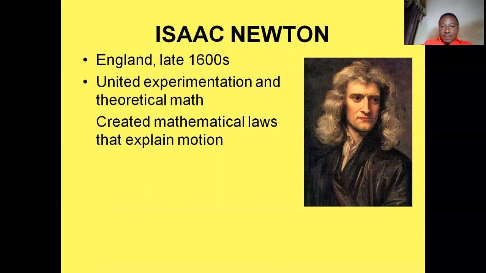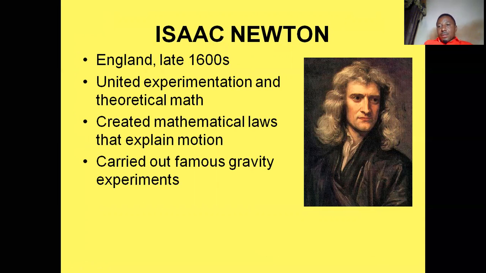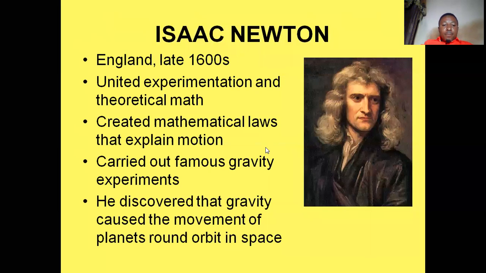He united experimentation and theoretical maths, and created a lot of mathematical laws that explain motion. We know him as the motion guy. He propounded several laws, including the famous experiment on gravity. Okay, so he actually discovered that gravity is what causes objects to fall.